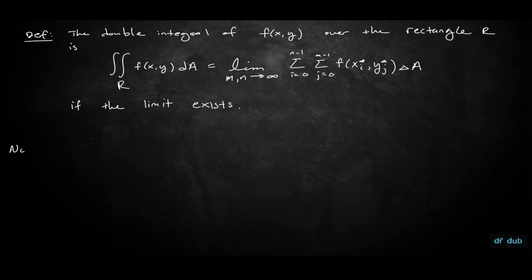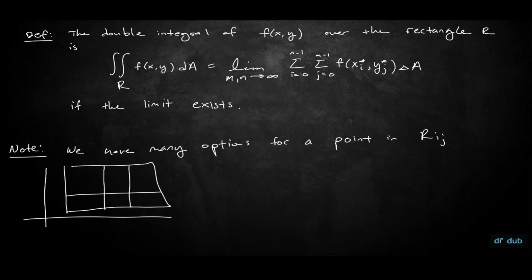So note, we have many options for a point in the rectangle R_ij. If we just look at this a lot more closely, say I just make one big R_ij here in the middle.